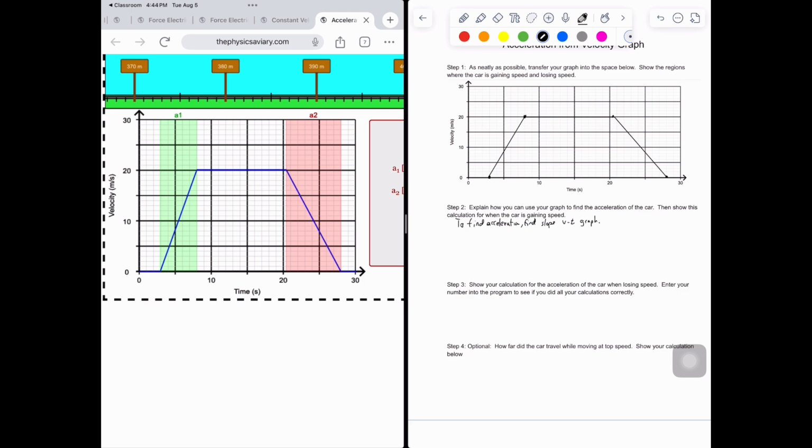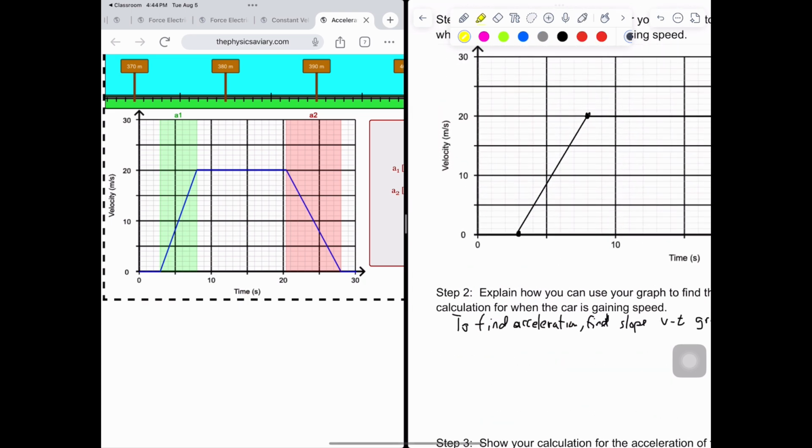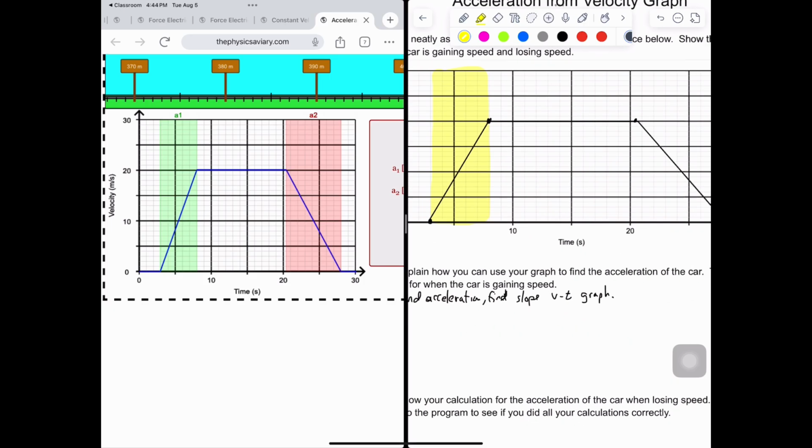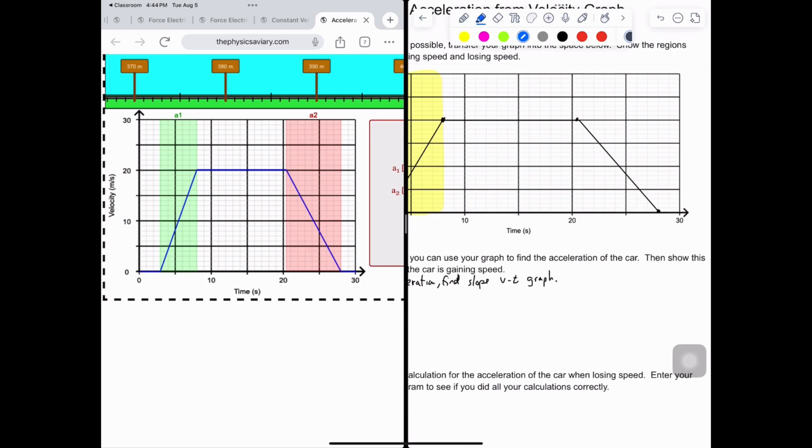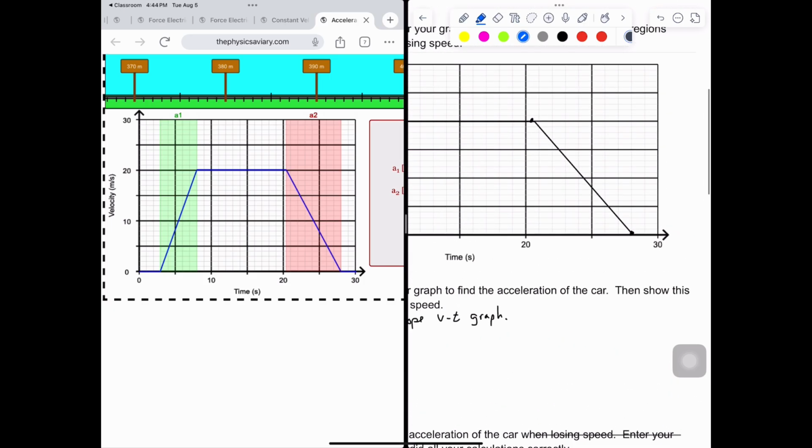For me, that region is right here, and A2 is specifically this region here.